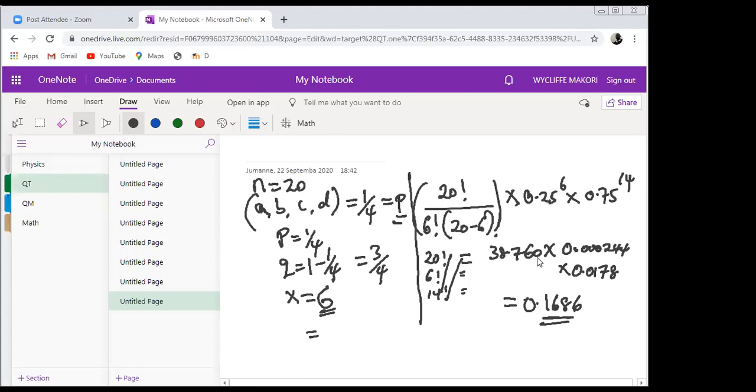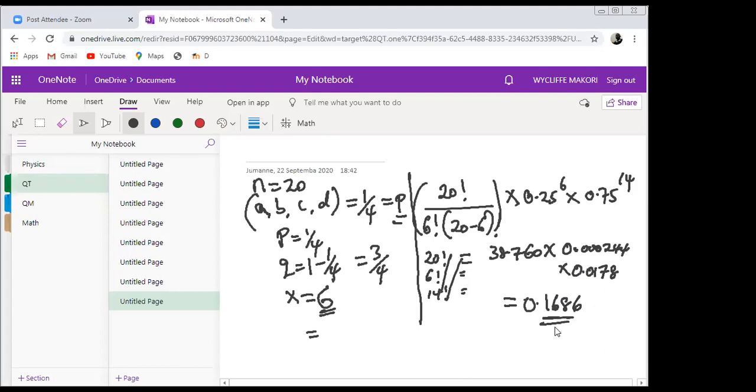So that 38,760 times, you open the bracket. Make sure that 0.25 power 6 is inside the bracket. You close the bracket there, times, you open another bracket, 0.75 power 14, you close the bracket, and then you put is equal to. What are you getting? 0.1686.